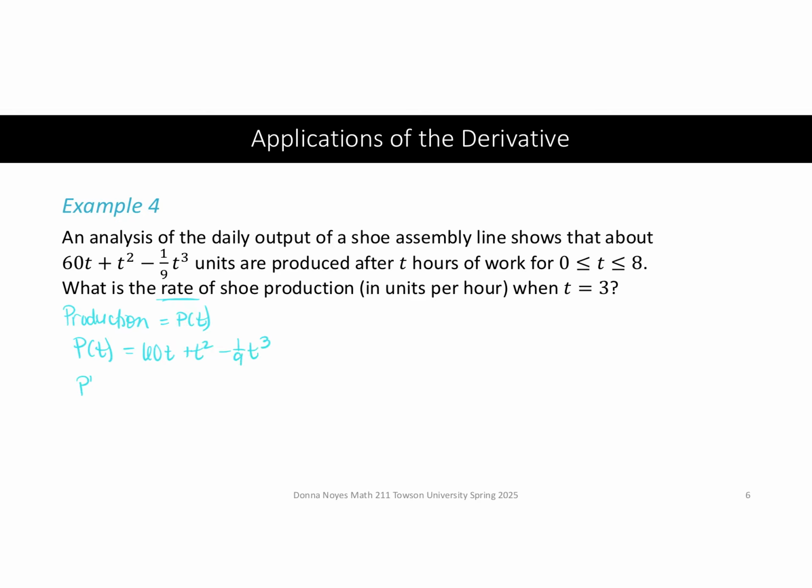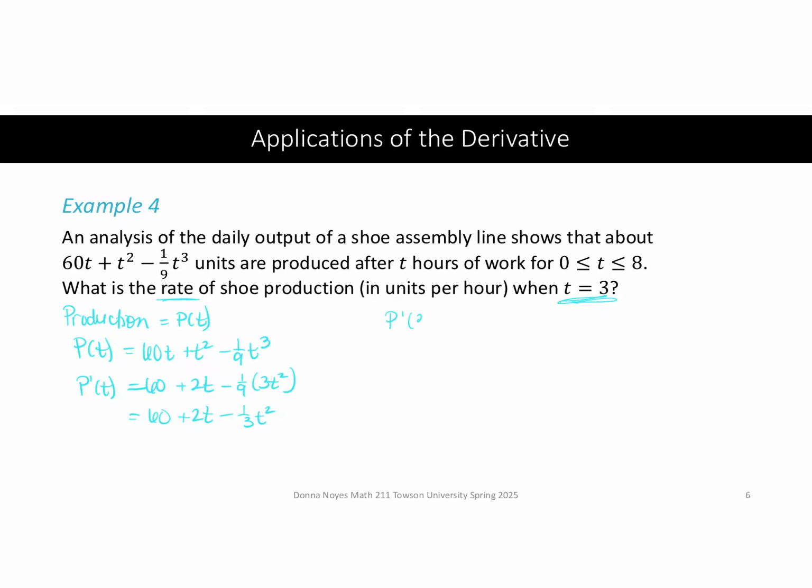And we're looking for P prime of t, which would just be 60 plus 2t, and then minus, well, that would be 1/9 times 3t squared. Or it's 60 plus 2t minus 1/3 t squared. And then what we really want is P prime of 3.